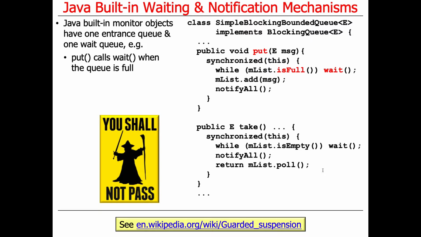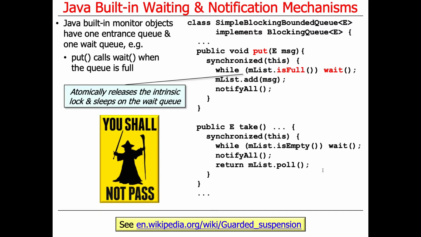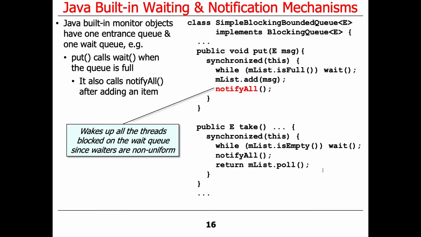And then while the list is full, we wait. So what will happen here is that wait will put this thread to sleep and release the synchronized lock on this until someone comes along and calls take. So remember, wait will atomically do those two things. It releases the intrinsic lock and sleeps on the wait queue.